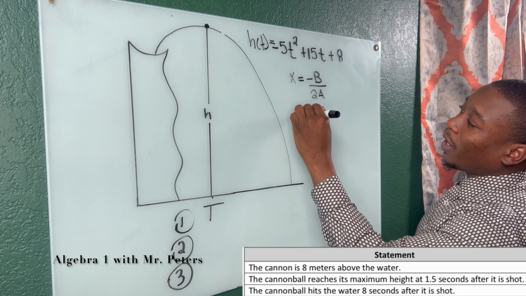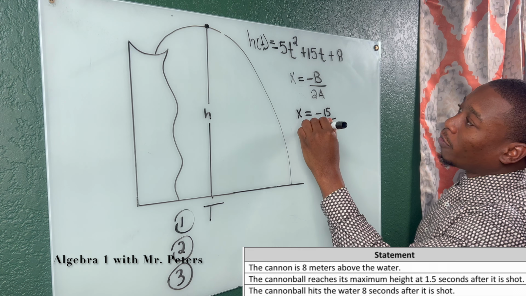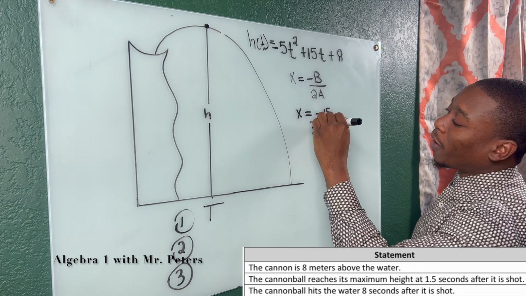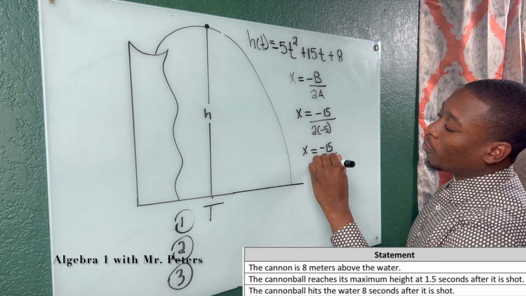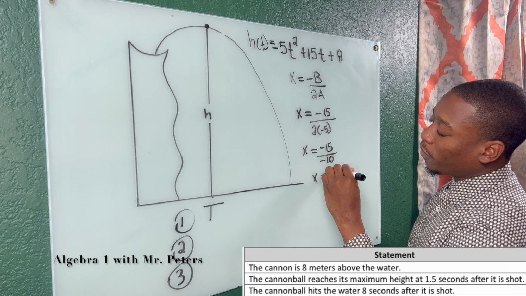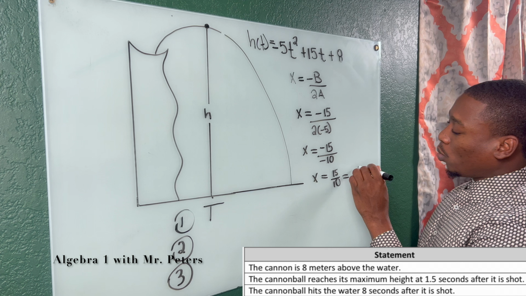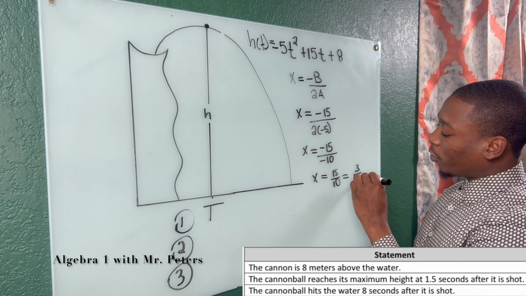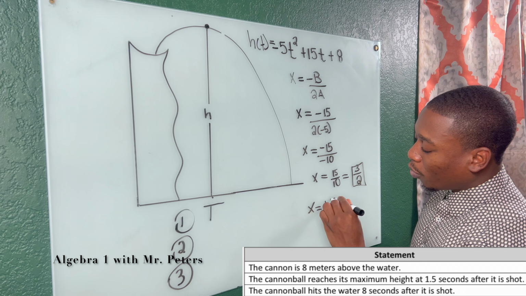So we know x is equal to negative 15, opposite of b, divided by 2 times negative 5. So x is equal to negative 15 over negative 10, which is x is equal to 15 over 10. And we could simplify this to 3 over 2. Now, 3 over 2 as a decimal is just 1.5.